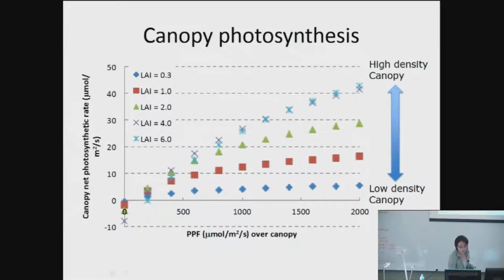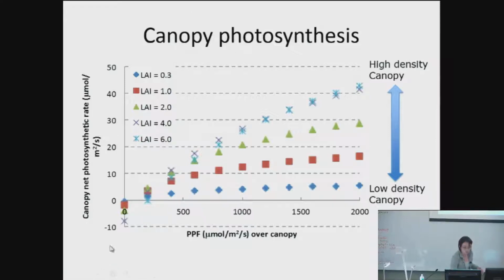And it is showing the difference between a low density canopy, with fewer layers of leaves, and a high density canopy like the tomato canopy. Canopy, again, is a group of plants growing together, right? So if you see that, the low density canopy is actually saturating.